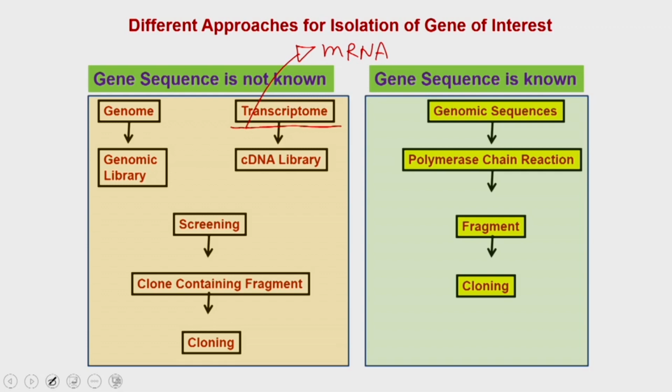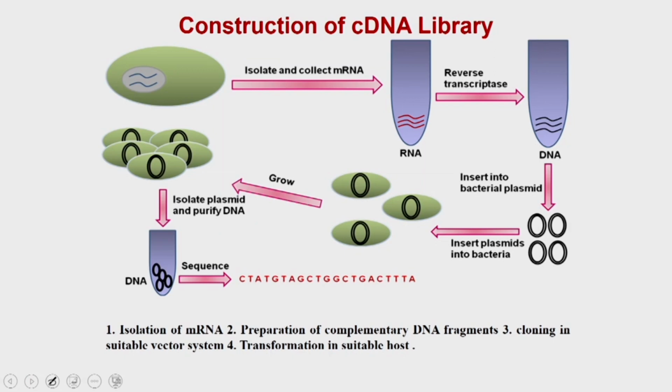We have already discussed a couple of examples of conditions under which you can use the cDNA library to identify the gene of your interest. So, what are the different steps for generating the cDNA library?